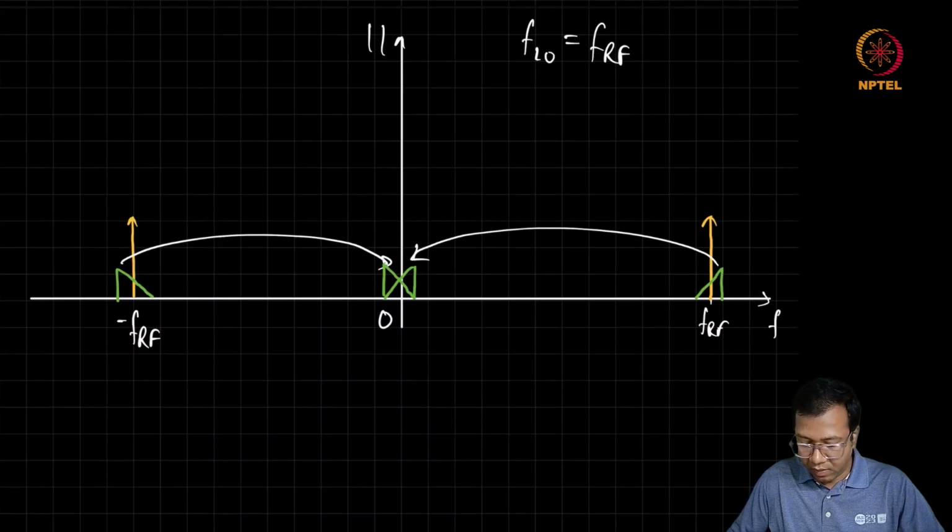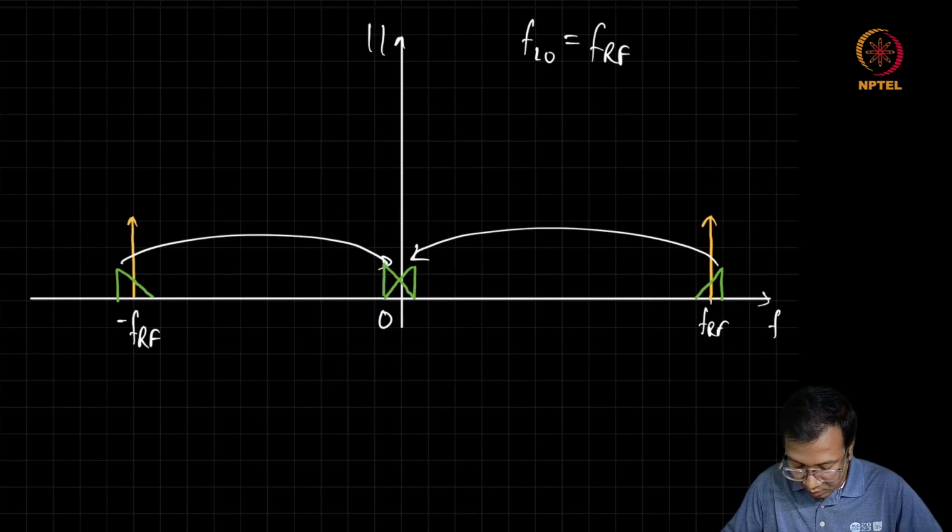So if we don't do anything and just down convert with the help of a single LO, the signals at the baseband are going to overlap from the two frequencies, positive and negative, as a result of which we are going to get a superposition of these two components.